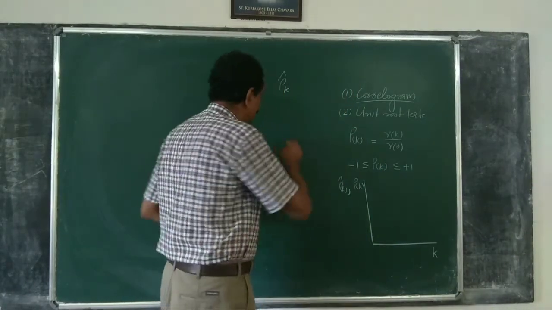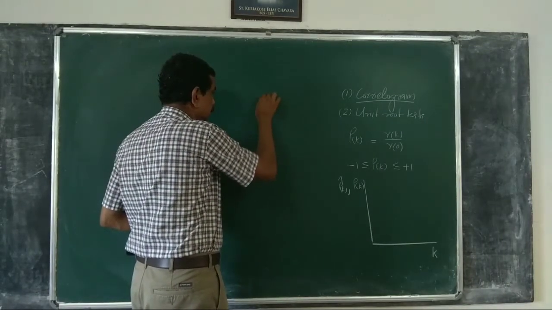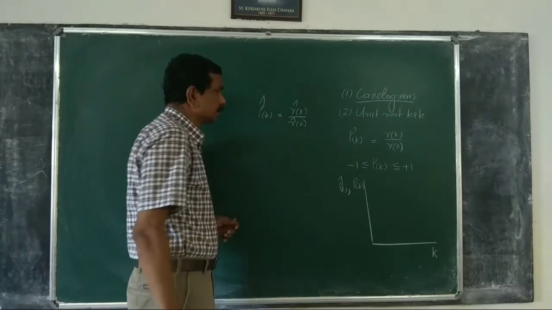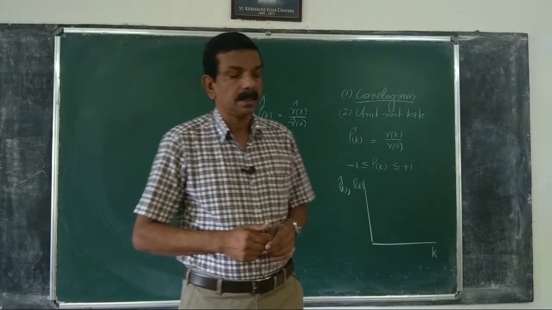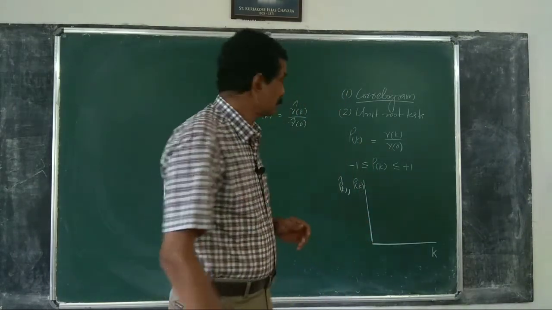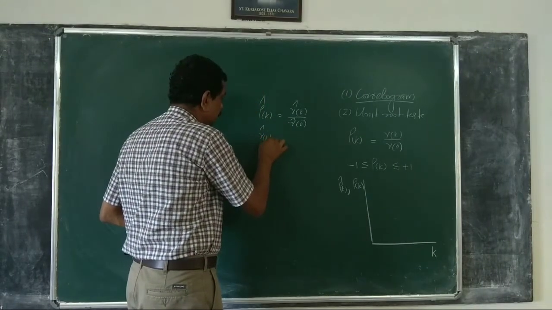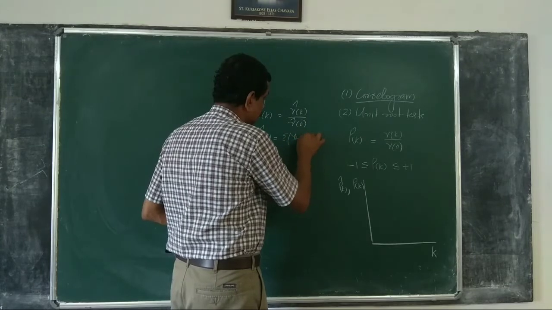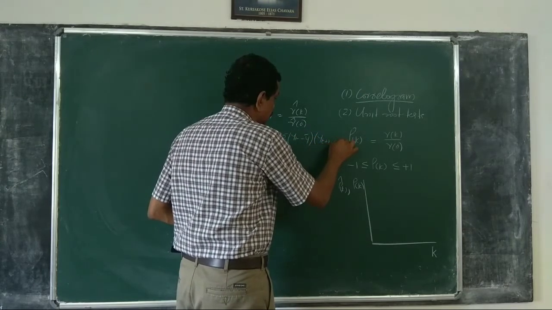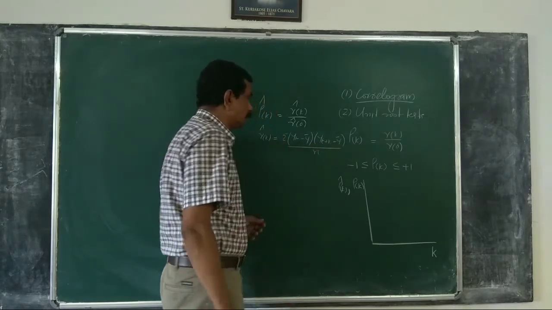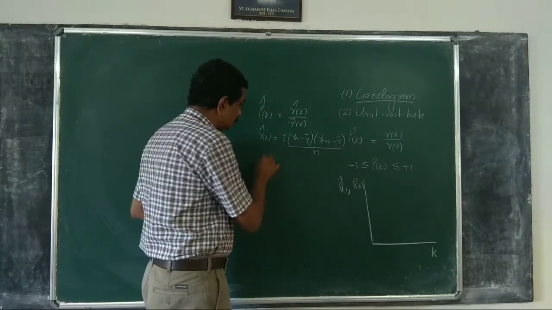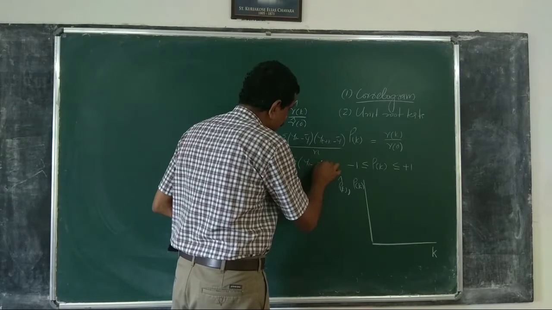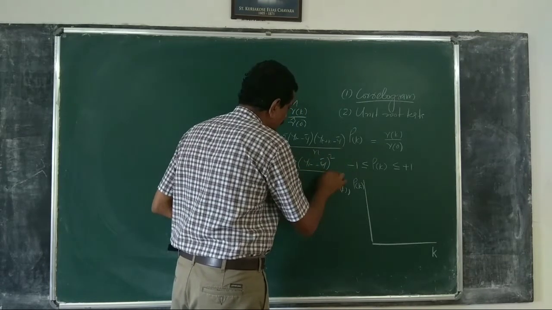And it is given by rho hat k equal to gamma hat k divided by gamma hat 0, where gamma hat k is equal to sigma of (yt minus y bar) into (yt plus k minus y bar) divided by n, a sample covariance, and gamma hat 0 is sigma of (yt minus y bar) square divided by n.